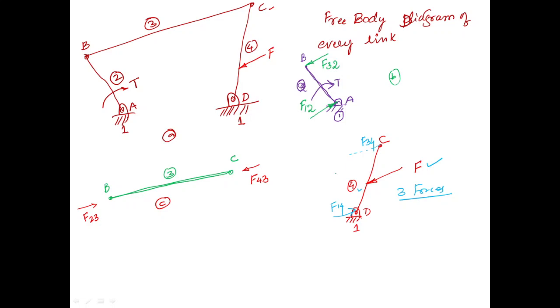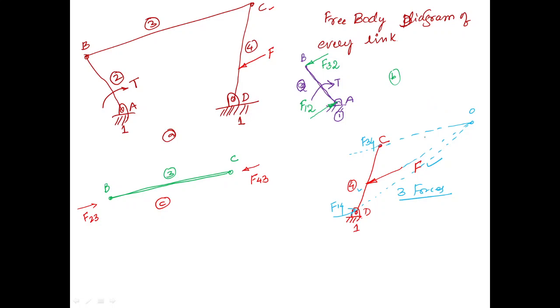Now if you draw the line of action of forces for this link 4, F14, F34 and F, they are going to meet at one point, that is the point of concurrency.